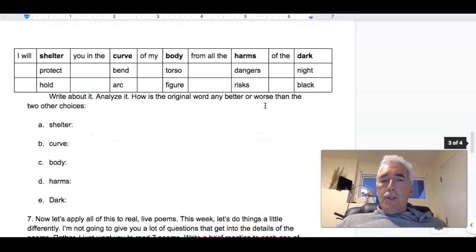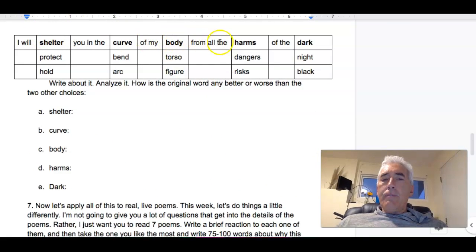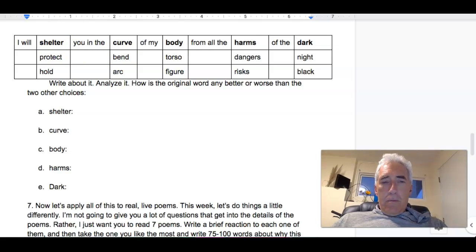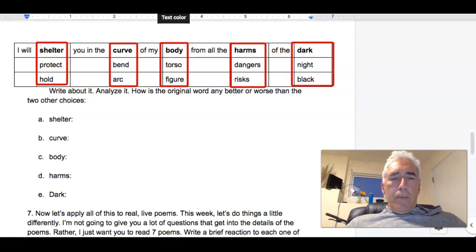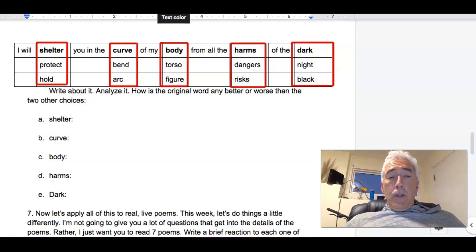Okay, then I take you to this. We've seen this before. I will shelter you in the curve of my body from all the harms of the dark. Well, what are some synonyms for some of these key words? Let me put this in a different way. Okay, so to make it a little clearer for you, I boxed these words for you to look at, like the word shelter. It has synonyms, protect and hold.